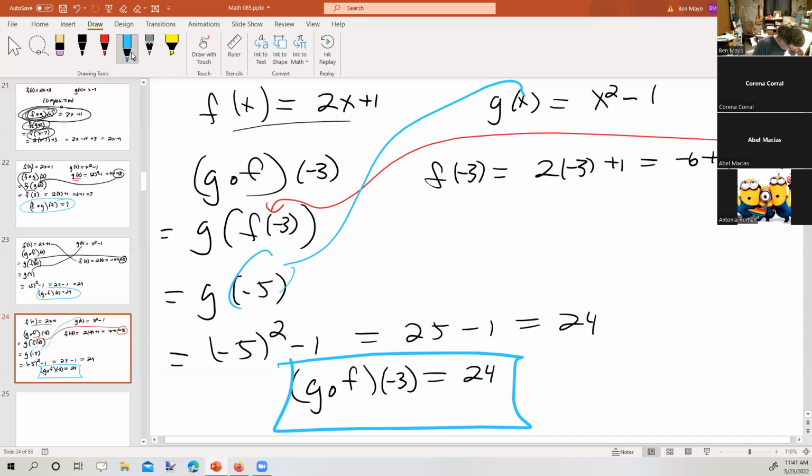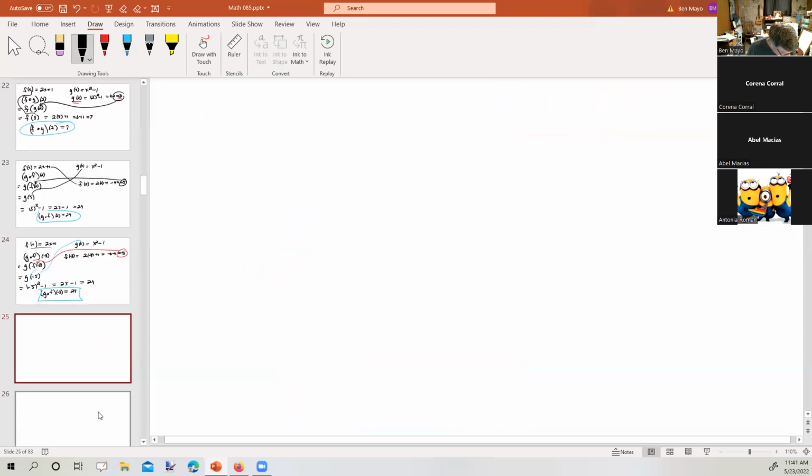How about, let's see here. Let's take a look at some new functions. F of x equals 3x minus 2, and g of x equals x squared plus x. Find each of the following.